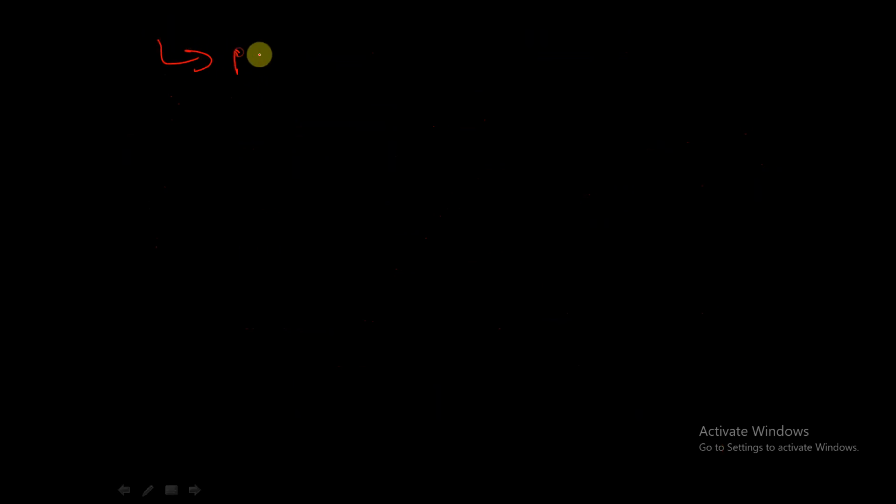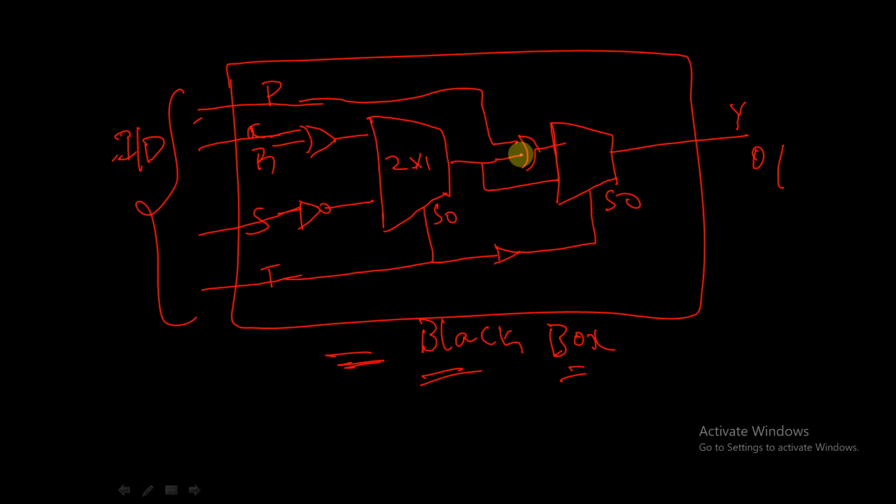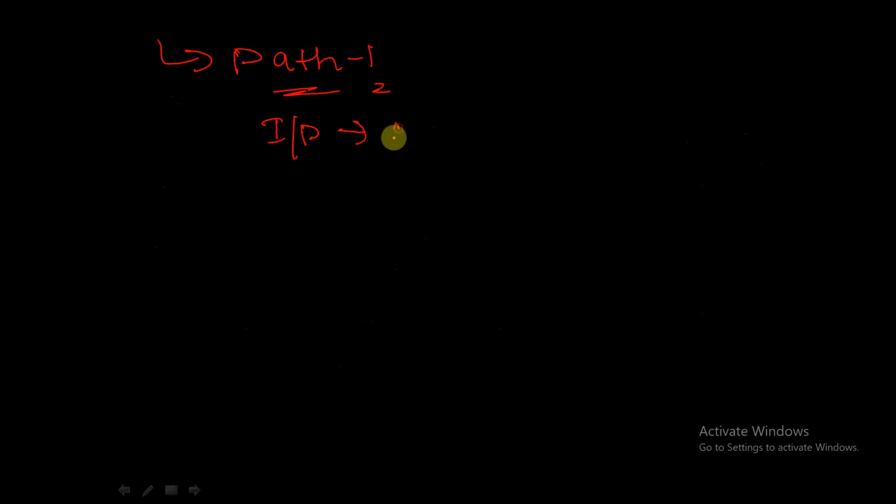So the first path, path 1, is input to OR gate, OR gate to 2-to-1 mux, and we reach the output. So this is our path 1.